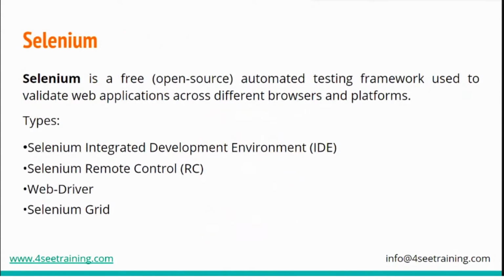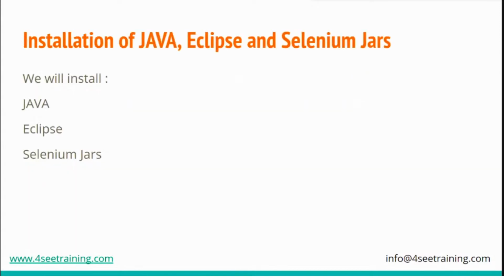And finally, we started Selenium. As we discussed in the second session, Selenium is a free and open source automated testing framework used for validating web applications. With the help of Selenium, we wrote our first program in the second session and understood various aspects of Selenium, such as how to configure the environment and write scripts, like installation of Java.